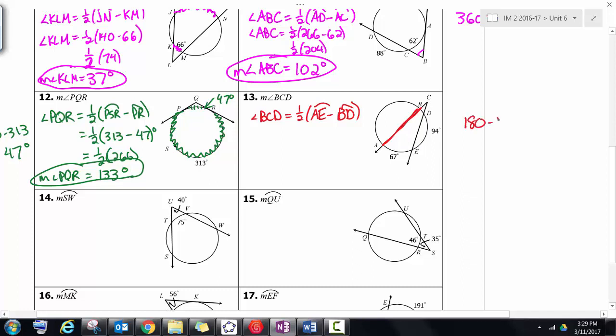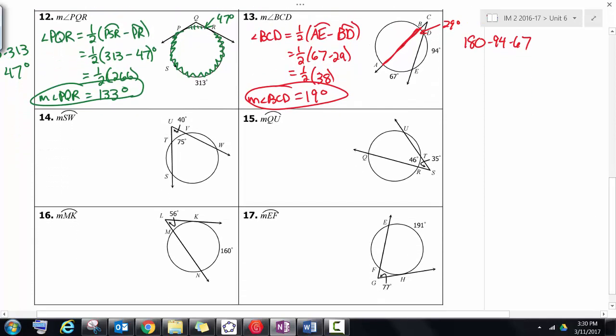So it's 180 minus 94 minus 67 will give us arc BD. So 180 minus 84 minus 67, this arc in here is 29 degrees. So it's 1/2 of 67 minus 29, which is 1/2 of 38. So we got 19 degrees for the measure of angle BCD.